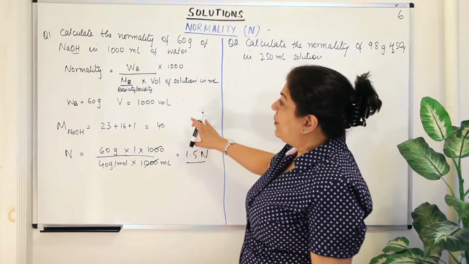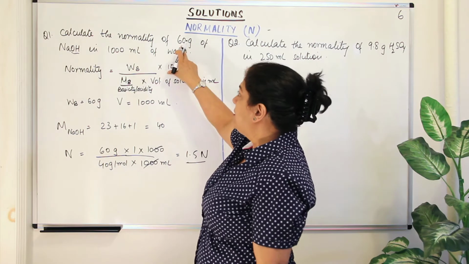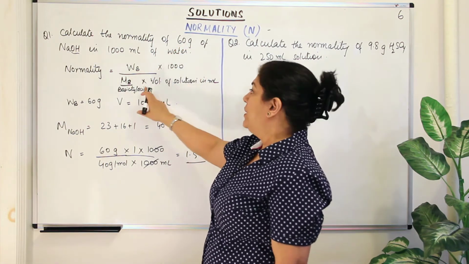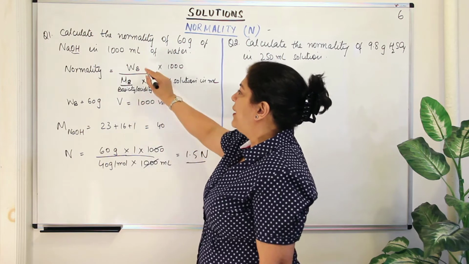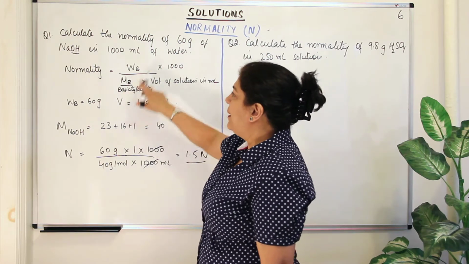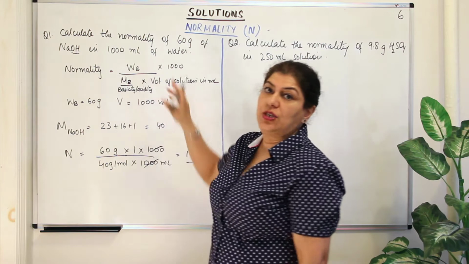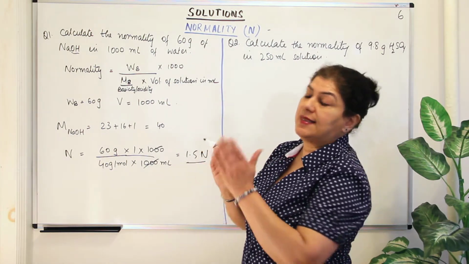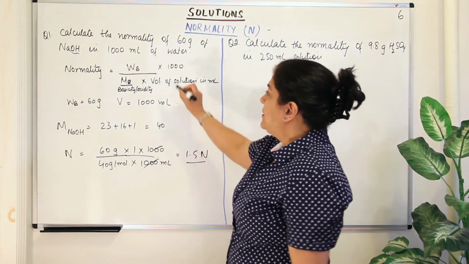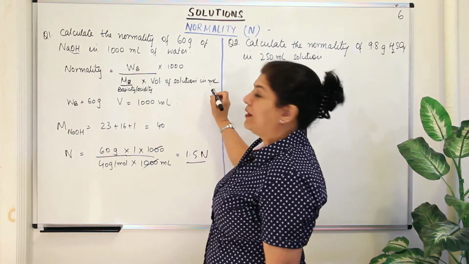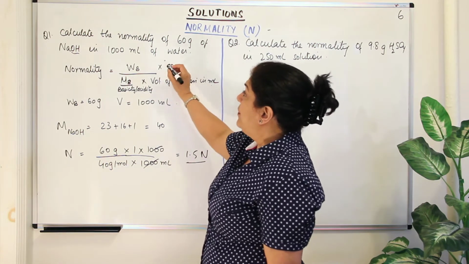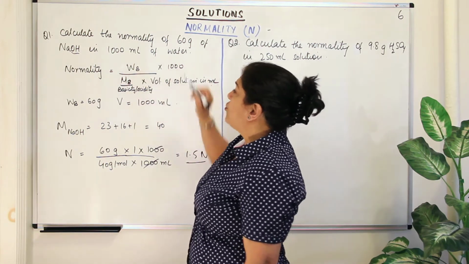How do you find out the normality? What did you do? You wrote down the mass, whatever was the given mass, divided by the molar mass of the solute, and into acidity or basicity or the charge of the cation of base, acid and salt. And into 1000 if the volume has been given in milliliters of the solution, and remember here it says 1000 milliliters of water.